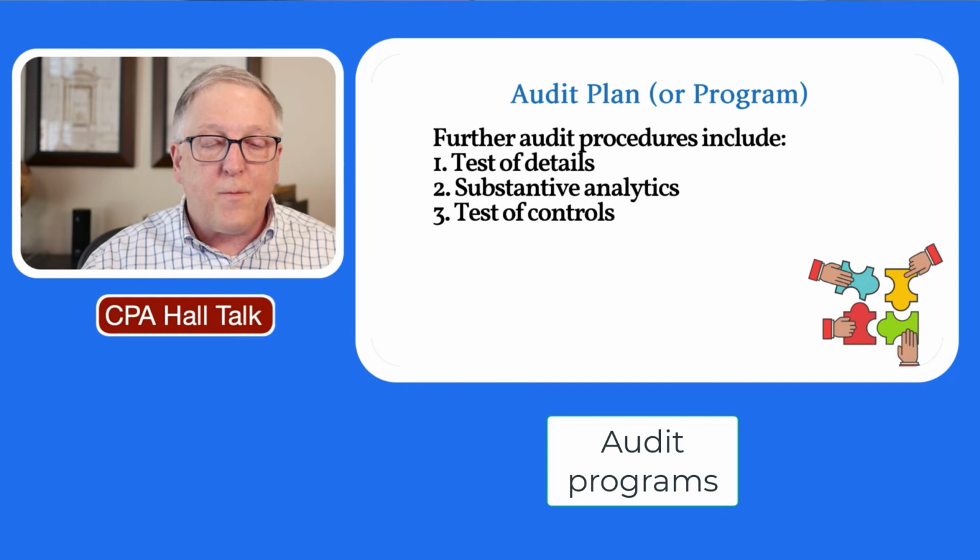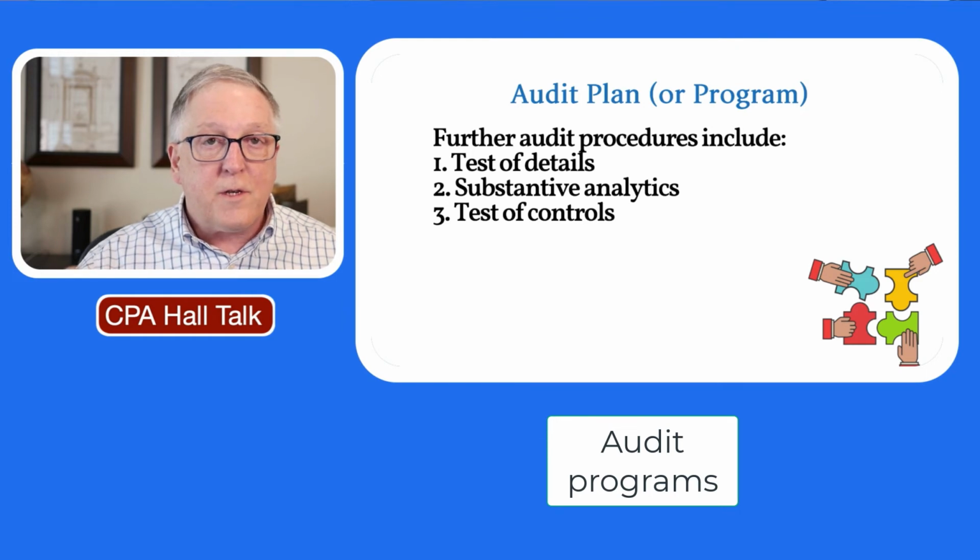You'll have an audit program for cash, one for receivables, one for debt, etc. But here we're developing those audit programs, those audit plans for the different account balances, significant transaction cycles, and disclosures.